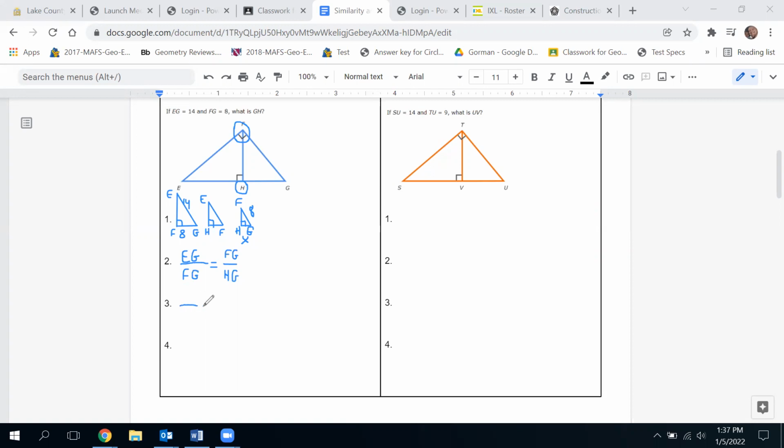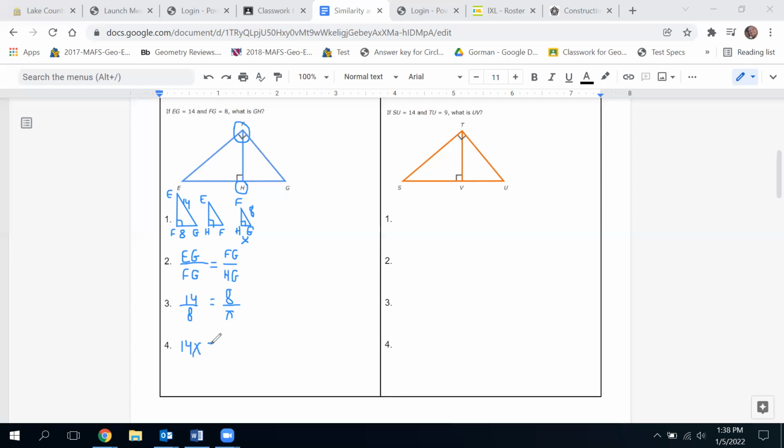Now we could substitute. And we've got 14 over 8 and 8 over x. Okay, 14 over 8 equals 8 over x. The last step would be to cross multiply and solve. So 14 times x would be 14x.